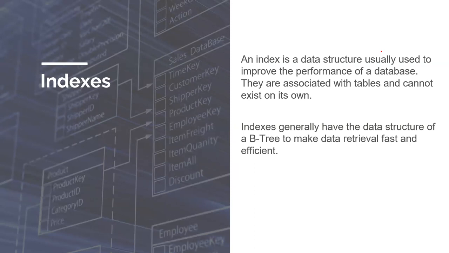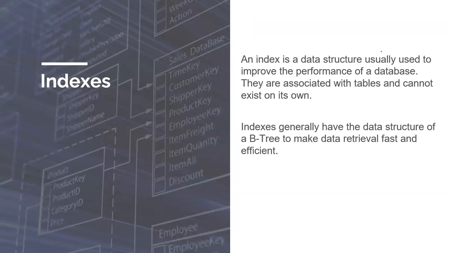So what's an index? An index is, for example, just like the back pages of a book, whereby you can easily navigate and get to a page. Maybe you want to get a particular definition of a thing in a book. Instead, you just go to the back page, you look through the alphabetical order, maybe just Apple, then it will point down to the page number where you can get the full definition. That's how indexes work.